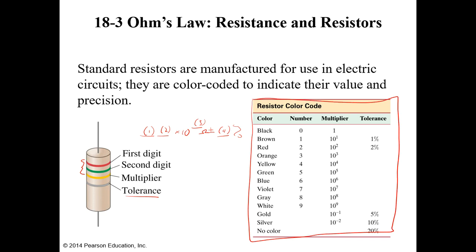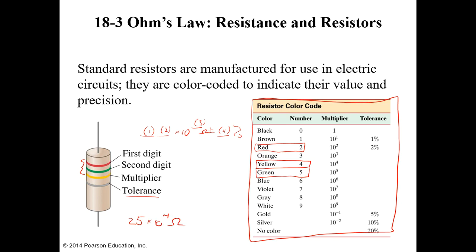So for example, here in this figure, you have red, green, yellow, silver. So red means 2. Green means 5, times 10 to the power of yellow. That's a 4, so 25 times 10 to the 4th ohms.